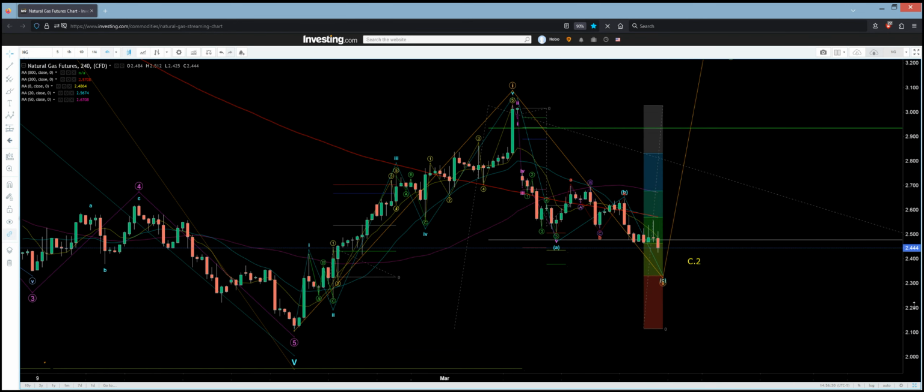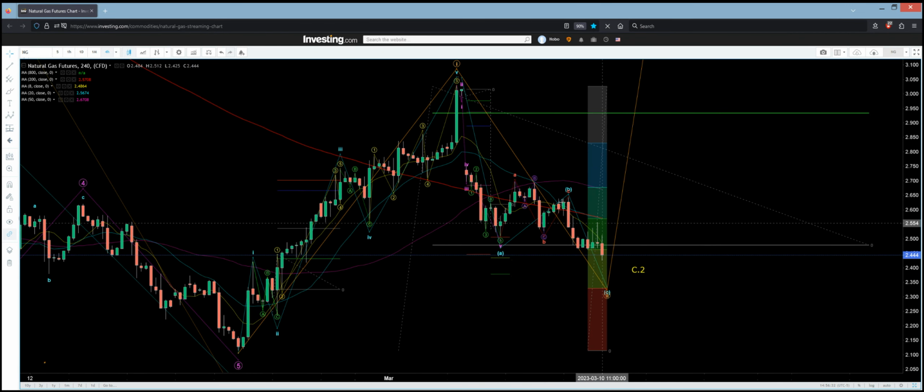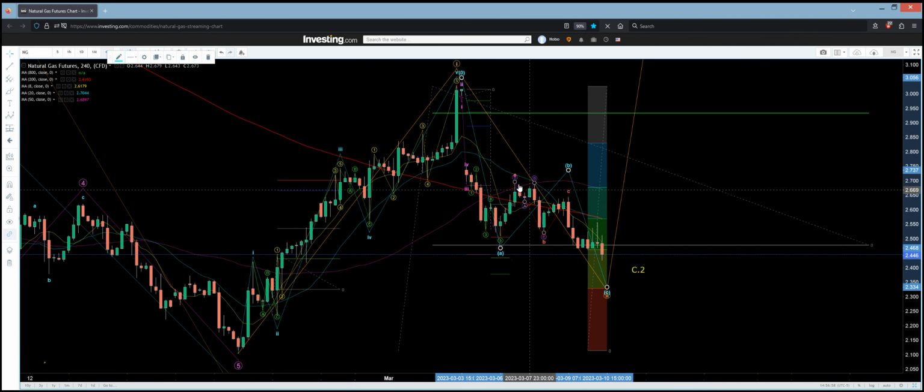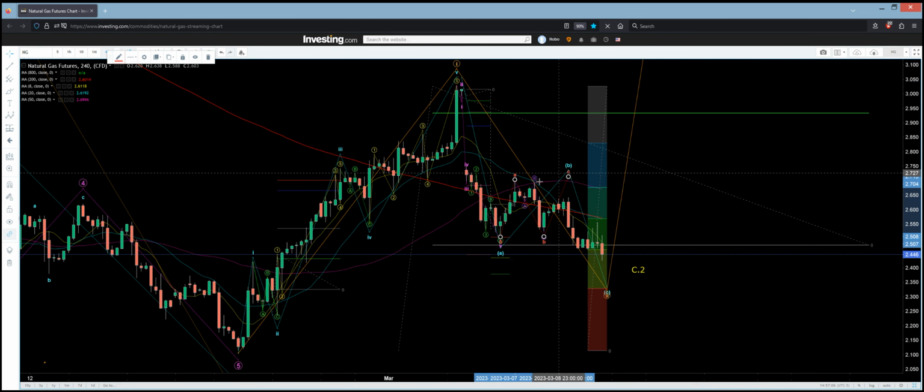In this case, we've got B, A, B, C, C not reaching, or B is somewhat of a retrace of A. However, typically we would have B reaching up above, or C wave of B extending a little bit higher than the initial A wave to start the correction.